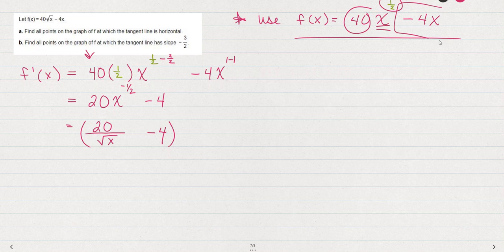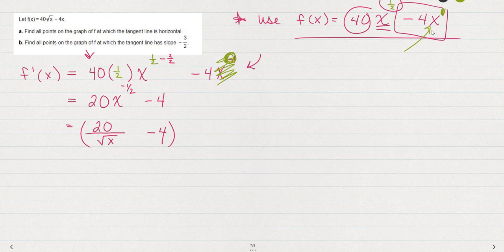And then the derivative of this one, you can possibly do it without thinking through what you're doing, but I'm going to go ahead and write out what I'm doing. I'm saying negative 4 times this implied exponent of 1. We've got this implied 1 minus 1, so that's going to give us x to the 0. Anything to the 0 is just 1, so that x just goes away, right?